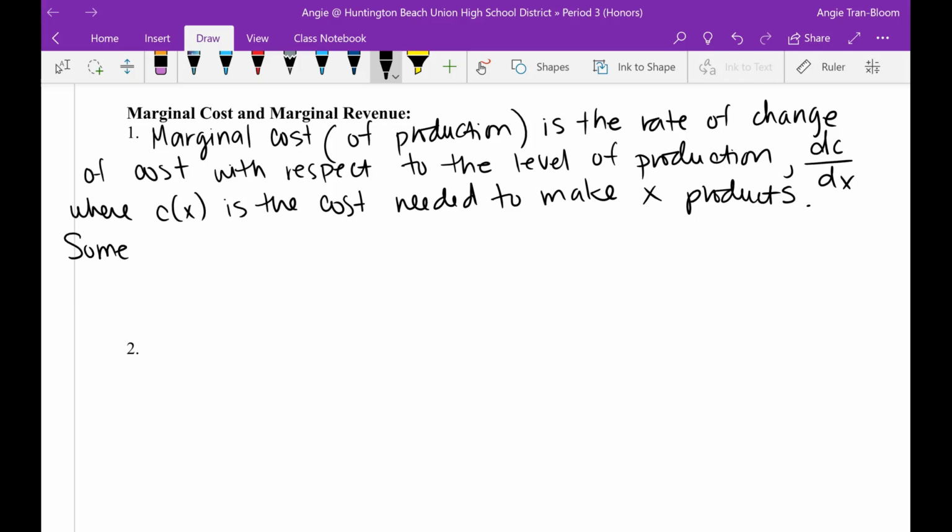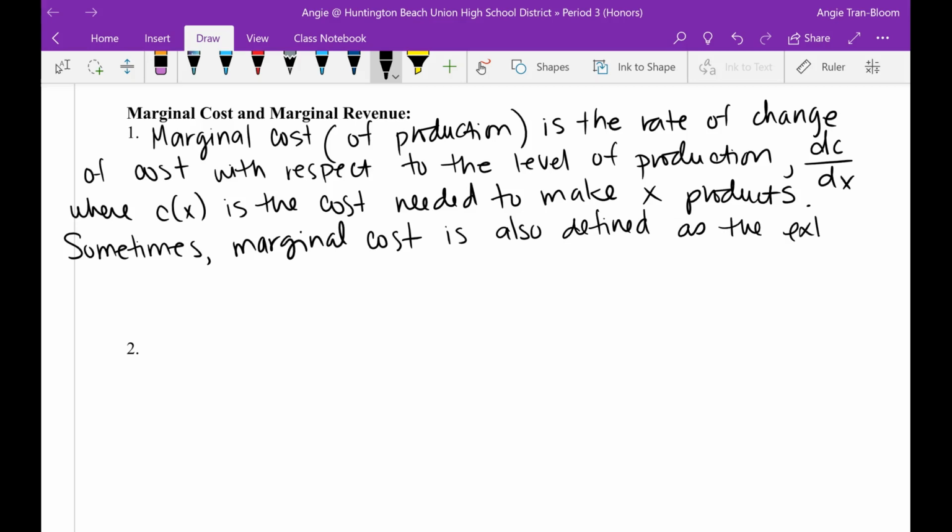Sometimes marginal cost is also defined as the extra cost of producing one more unit. Okay, and that's important.